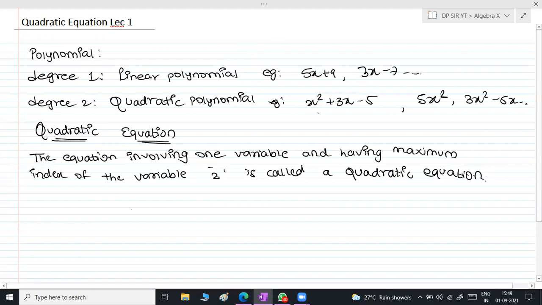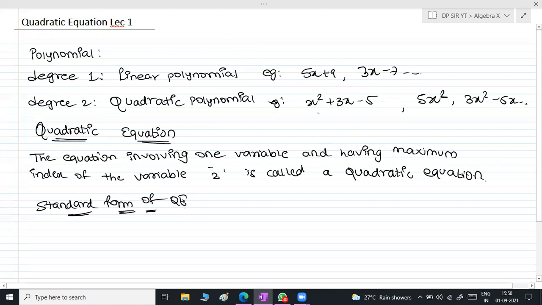So now let us understand the standard form of quadratic equation. Every time I won't be using the full form.